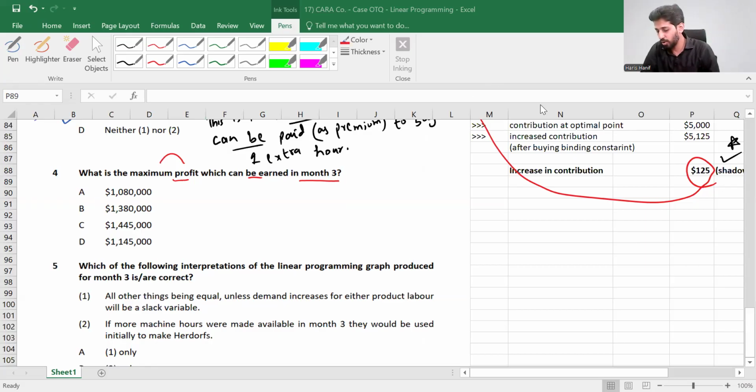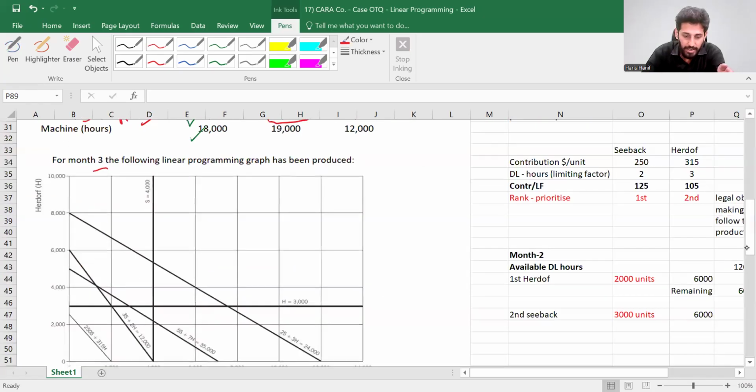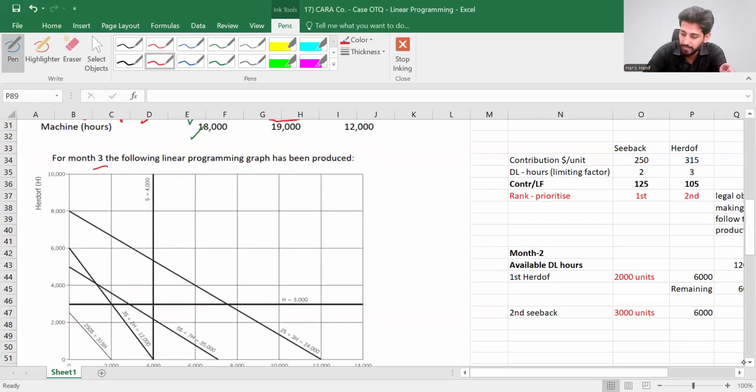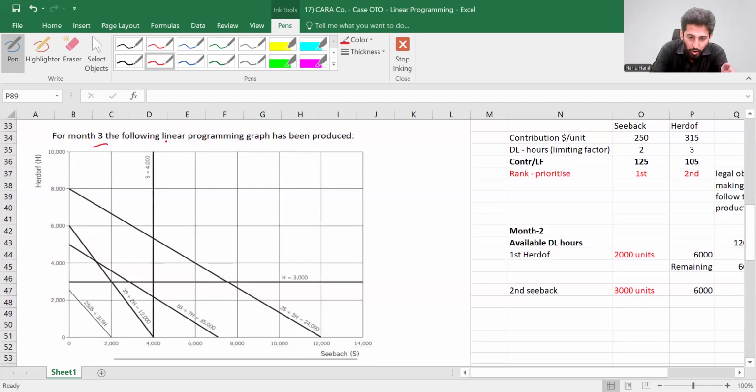Okay, so let's now move on to the month number 3 data. This is the month number 3 data. The following linear programming graph has been produced. Now, in linear programming, you know that this line is called the ISO contribution line.